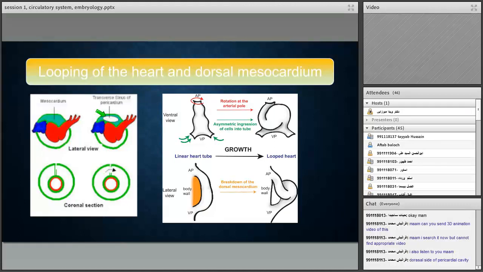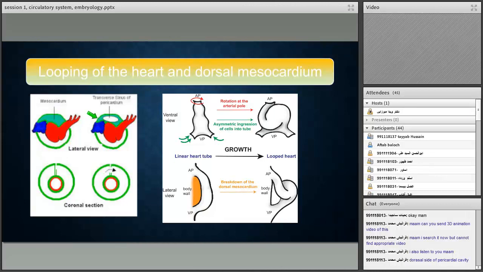So, the middle section of the dorsal mesocardium disappears. As we can see here, the middle side is disappearing. So, the heart is just connected to the dorsal wall on the inflow and outflow sides.